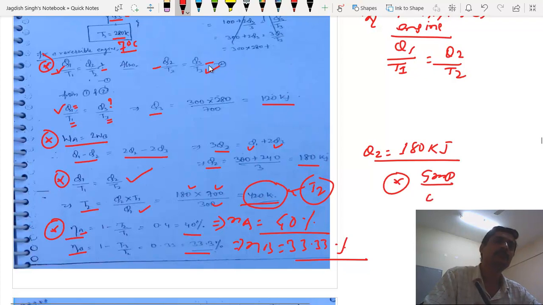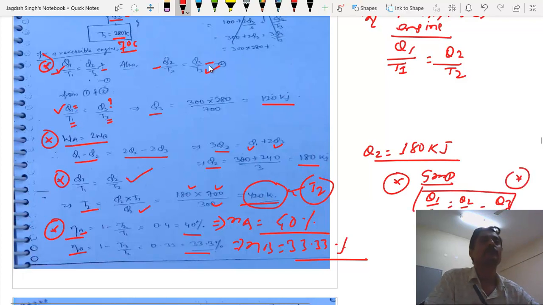Q1 by T1 is equal to Q2 by T2 is equal to Q3 by T3. This is the key equation, right? For any reversible heat engine, we know that Q is directly proportional to T, right? So with the help of this key equation, we have calculated the required things. Okay, thank you.